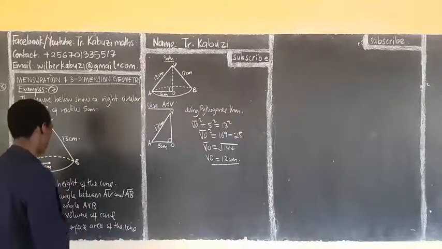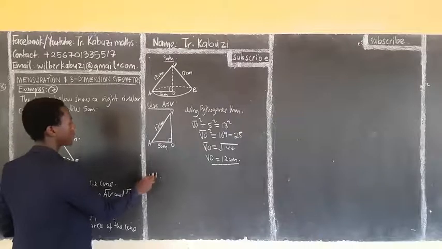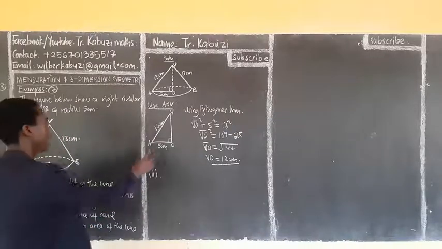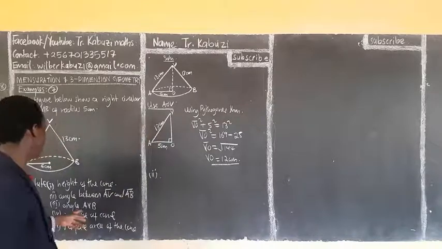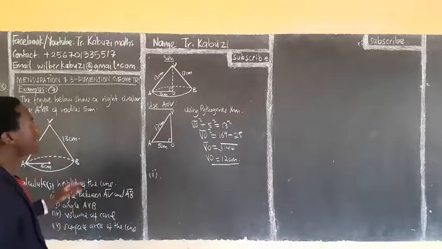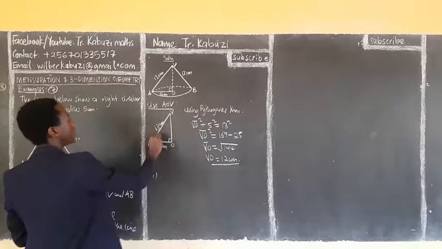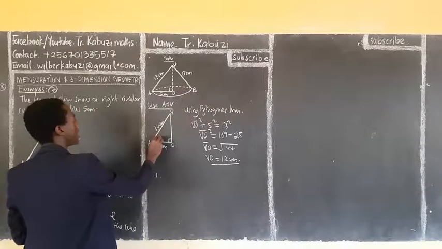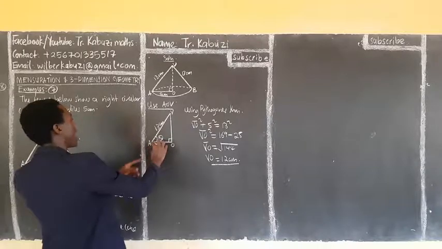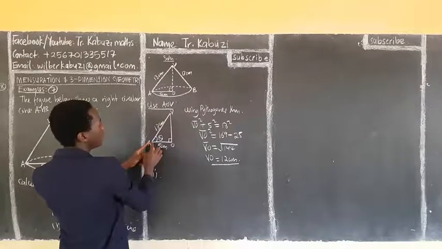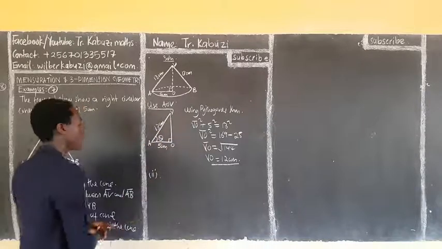And now remember the angle between VA and the base AB. So this is our AB, the diameter. If I make the angle, let me call it theta. So this is the angle.